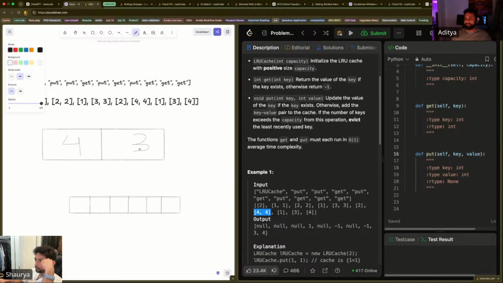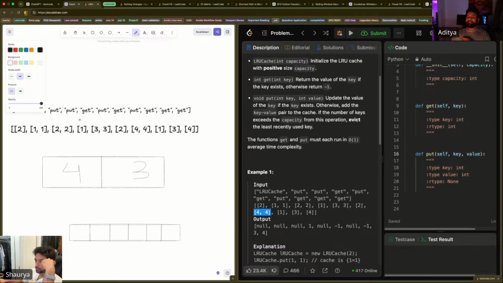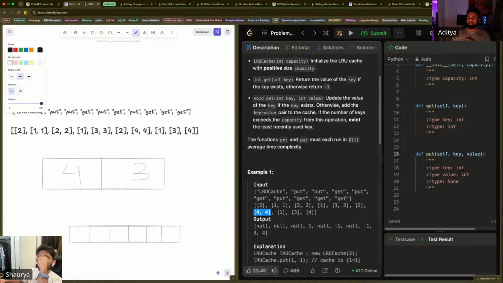So clarify one thing. If one is over here, let's say, and 3, we added 3 by removing 2 over here. So now what will become the least recently used one?